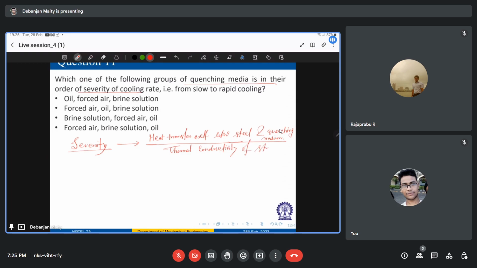So this is how you can quantify the severity of a quenching medium.